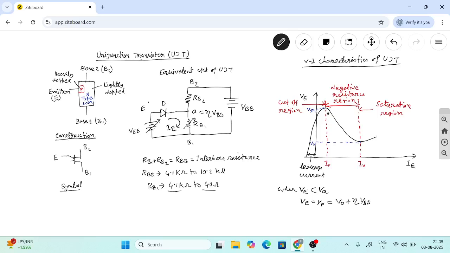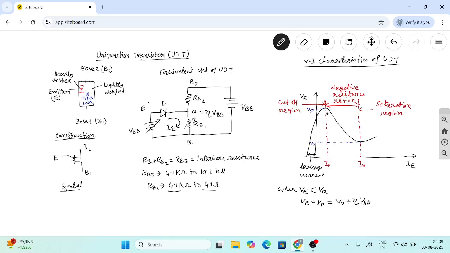As emitter current increases, conductivity increases, so resistance RB1 decreases. So the voltage drop across RB1 will decrease.